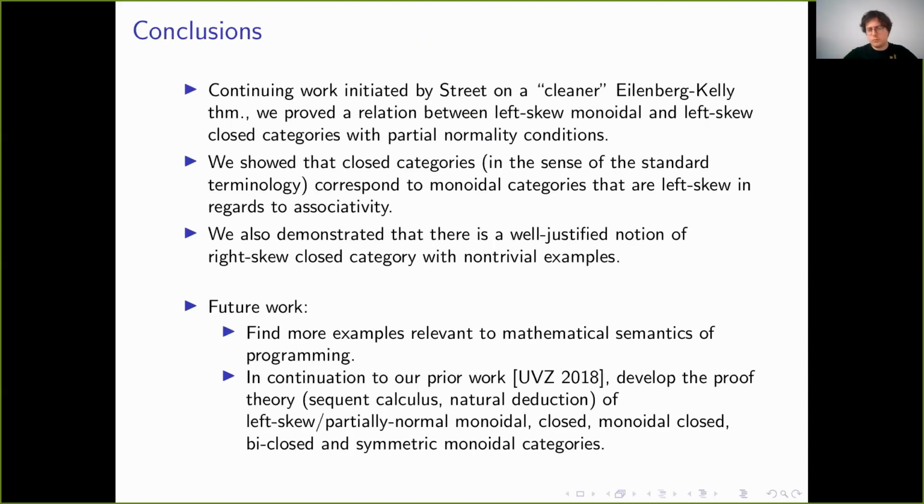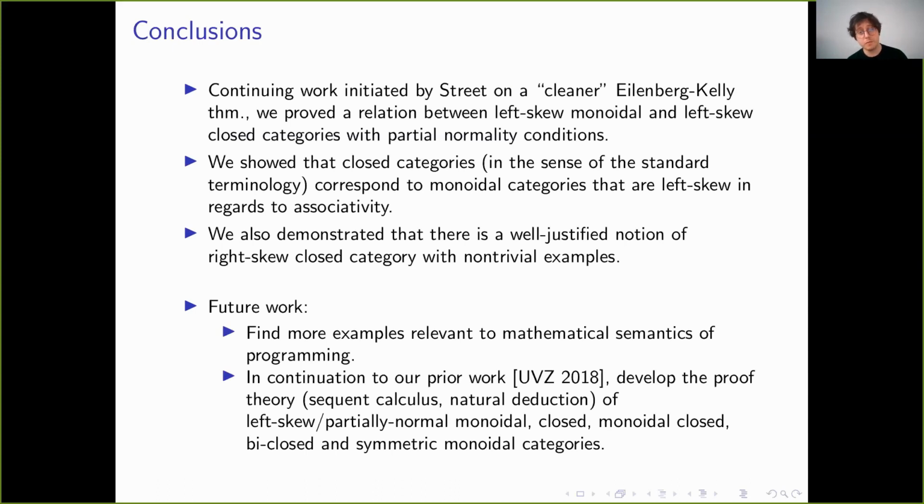Okay, so this concludes my talk. We continued working on clean variants of Eilenberg Kelly theorems. That was something that Ross Street started working on, and we proved that there is a relation between left-skew monoidal structure and left-skew closed structure, also with partial normality conditions.